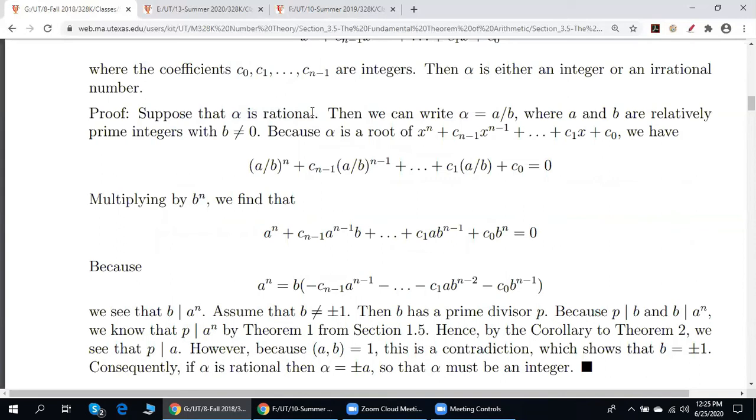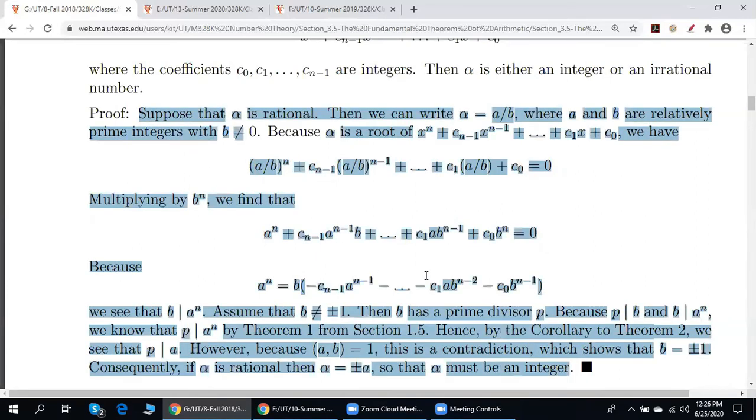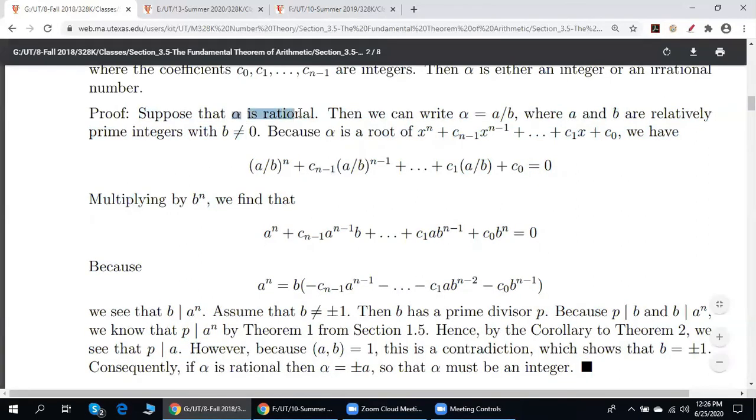Because if alpha is not rational, it is irrational. For alpha, there are only 2 possibilities. Possibility number 1, it is rational. Possibility number 2, it is irrational. Over here, we show that if alpha is rational, it is integer.